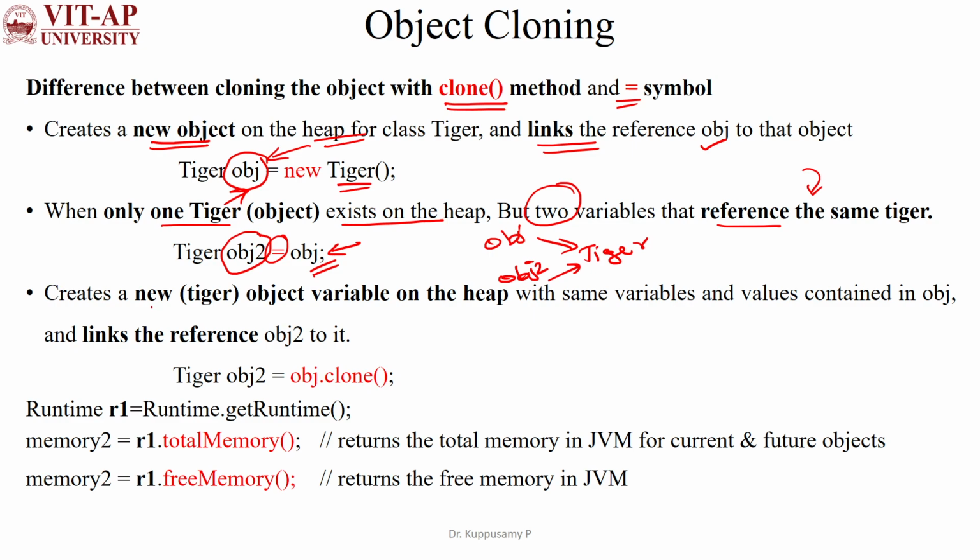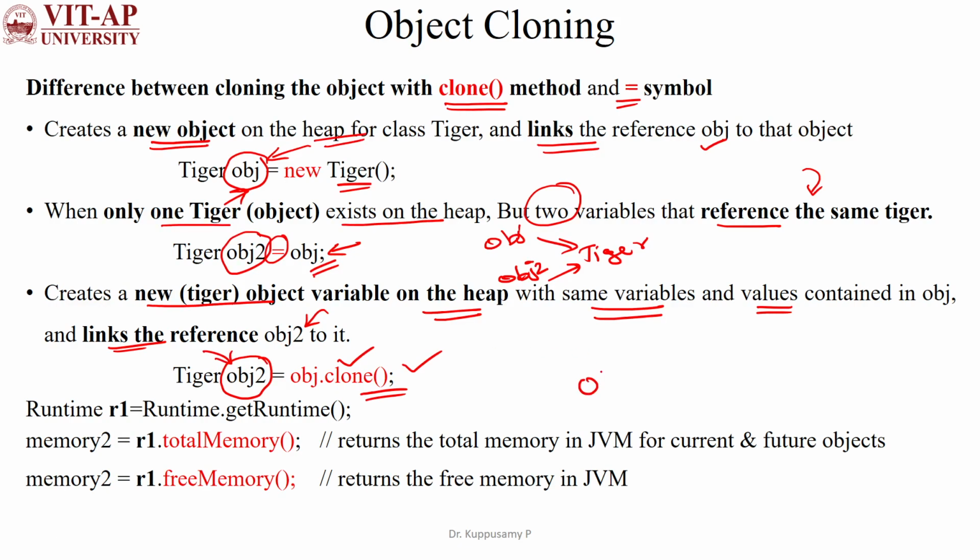And if you want to create a new object on the heap by using the class Tiger with the same variables and values, then we can link that reference to the second variable obj2. For that we can use the clone method here. So the object variable we are creating is the second variable obj2, but the values available in obj will be available with obj2.